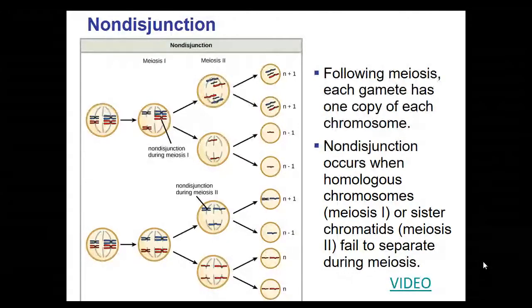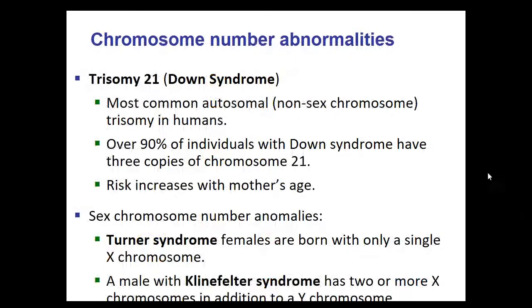So these would be sperm or egg here. So if this sperm would fertilize an egg, now that fertilized egg is going to be abnormal. It's going to be missing a chromosome or have too many chromosomes.